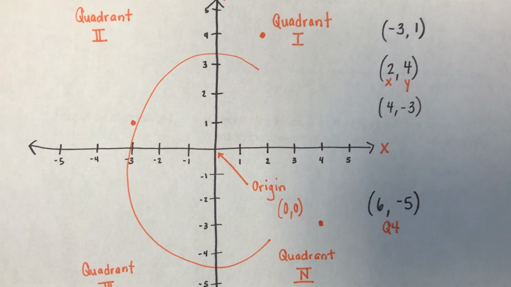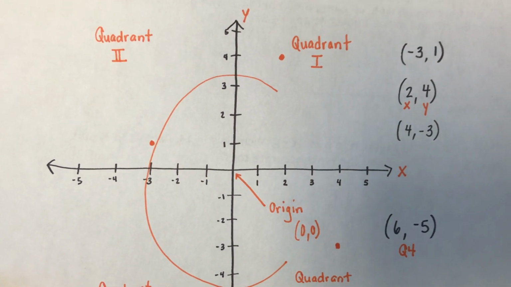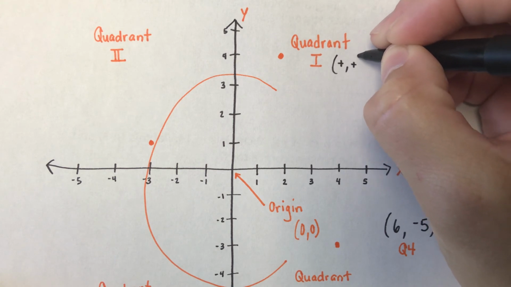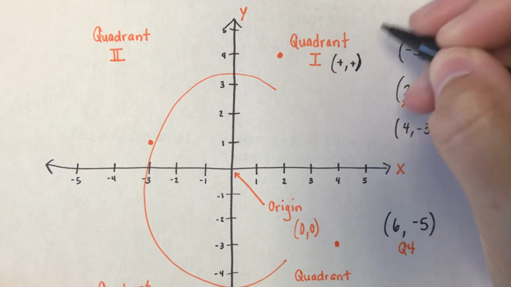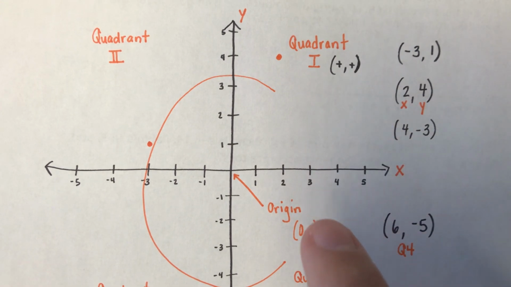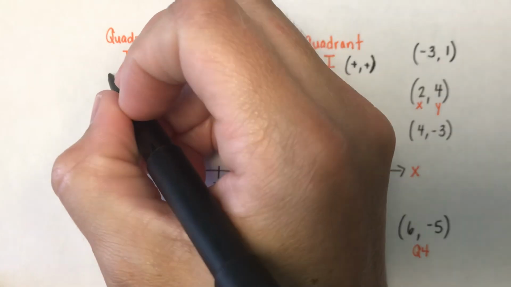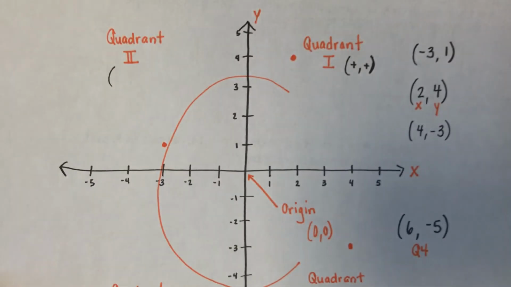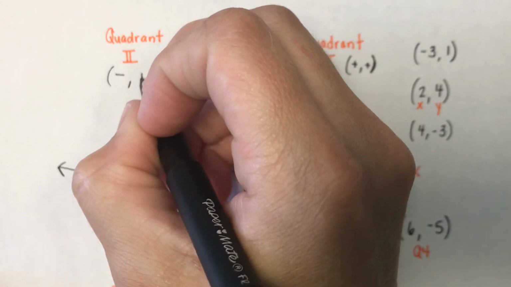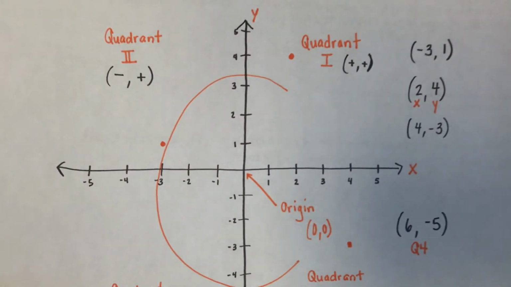Okay? So another thing that I always get my students to label on their coordinate plane is the signs in each quadrant, because the numbers in this quadrant are going to have to be positive. So if your ordered pair is positive, then it has to go in quadrant 1. Okay? Quadrant 2, think about it, you have to go left first, so that first number has to be negative, and then you're going up, so that second number has to be positive.